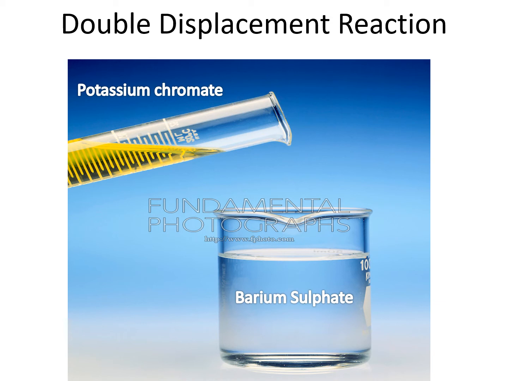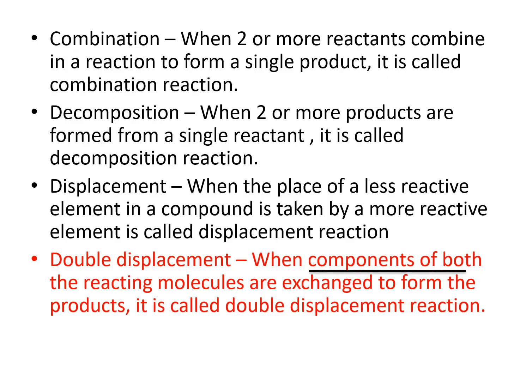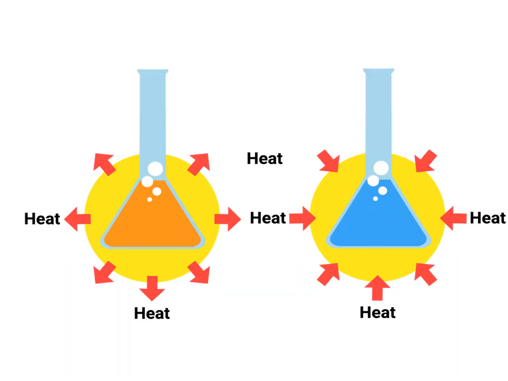Potassium chromate reacts with barium sulfate and the product will be potassium sulfate and barium chromate. The barium chromate which is formed is a yellow colored precipitate. So, double displacement can be defined as when components of both the reacting molecules are exchanged to form the products, it is called as double displacement. Here the word exchange is very important.